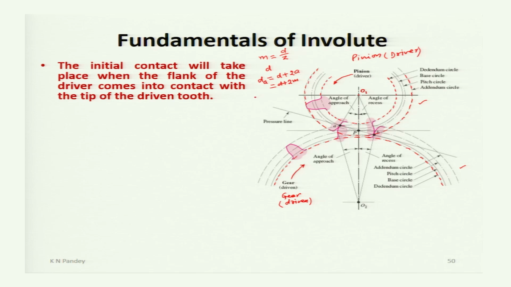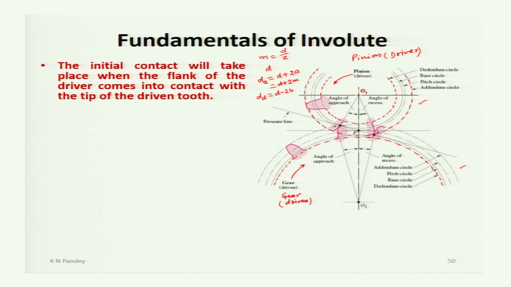In a similar way, you can find the dedendum circle diameter dd. Dedendum circle diameter will equal pitch circle diameter minus 2 times the dedendum of the gear tooth. Okay. So, standard dedendum is 1.25 m, and so by substituting the dedendum equal to 1.25 m, you can get the dedendum circle diameter.